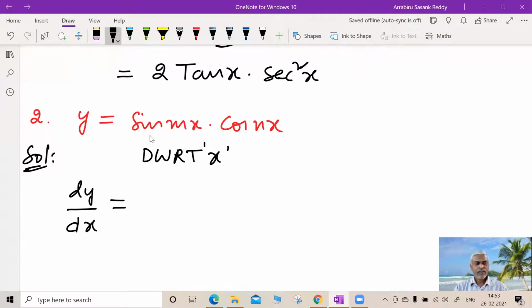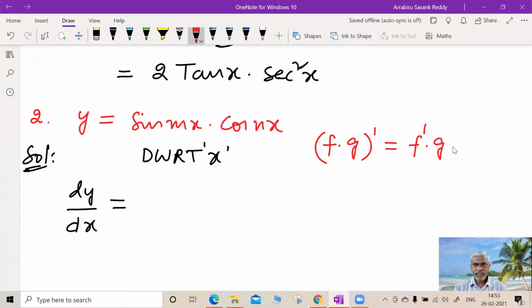So it is the product of two functions, that is fg, differentiation f dash g plus f into g dash.